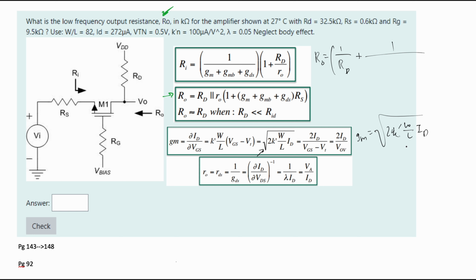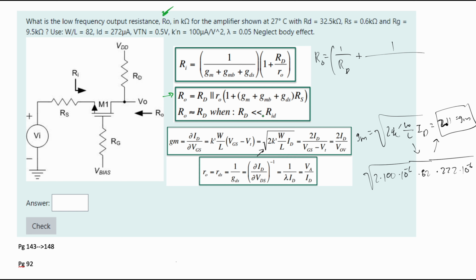So for this problem, we have the square root of 2 times 100 times 10 to the negative 6 times our W over L, which is 82, multiplied by our ID, and the ID is 272 times 10 to the negative 6. So with all of this, we can plug it into a calculator, and we're going to get a gm of approximately 2.11, and this is going to be our gm, again, 2.11.